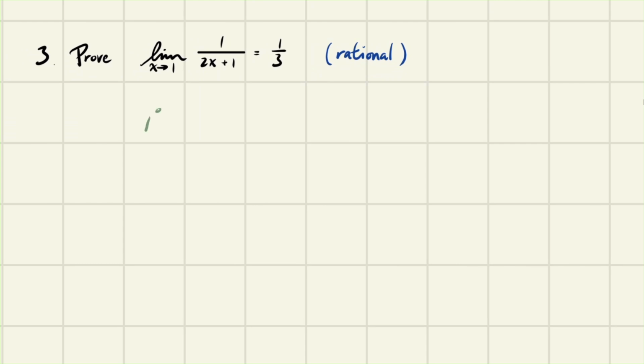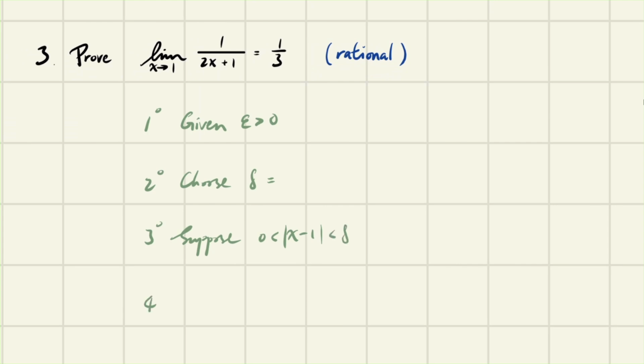First, given our epsilon greater than 0, and then we choose delta equals something. Now for the third step, we suppose that the following is true: absolute value of x minus 1 is between 0 and delta. Then we check.